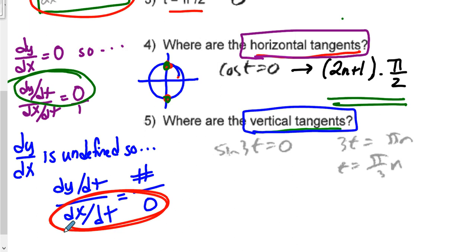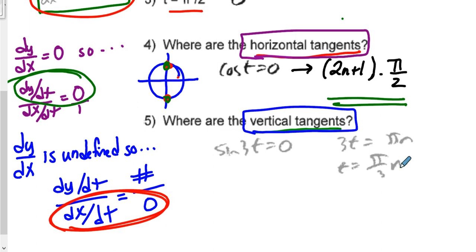I just need to have the sine of 3t equal to 0. The negative 6 doesn't matter, I meant to say, sorry, I said the wrong number there. The negative 6 doesn't matter, because negative 6 can't be 0. So sine of 3t has to be 0, and that's going to happen at multiples of pi over 3.